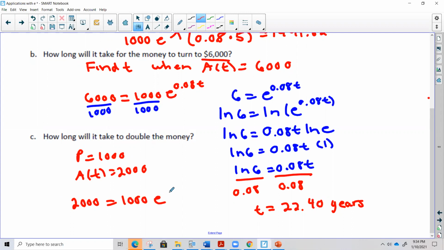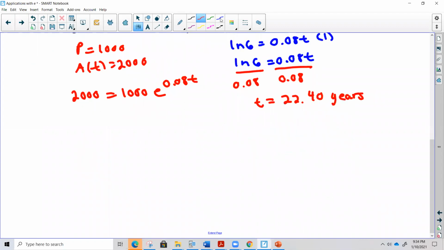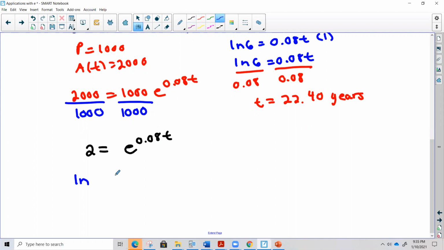And then we are going to leave t, because we're trying to find how long or the time. So we solve this the same way. We get e by itself first by dividing both sides by 1,000. So we get 2 equals e to the 0.08t. Anytime I have e as the base and I'm trying to get the variable in the exponent, we take the natural log of both sides.